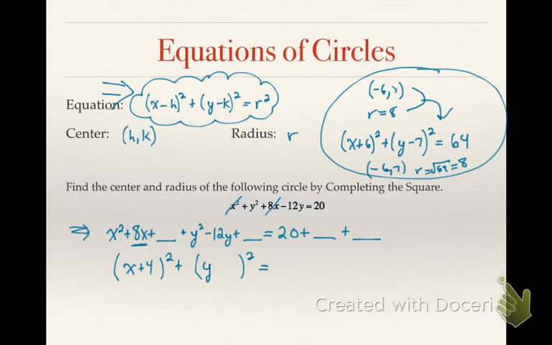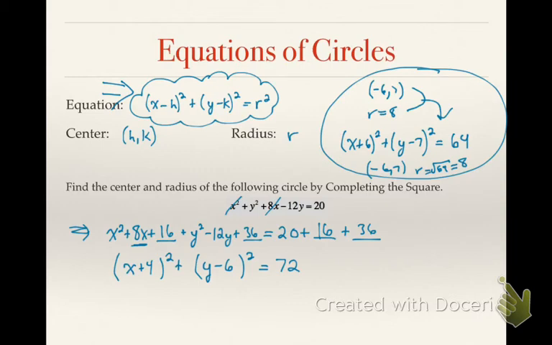But I have to square the 4, giving me 16, which I have to add to the right side as well. Now for the y's, half of negative 12 is negative 6. Notice I'm keeping the sign. Squaring the negative 6 gives me 36. Notice it's always positive here, so a negative squared is always positive. So I have to add 36 to the other side as well. Now adding 20 plus 16 plus 36 gives me 72.